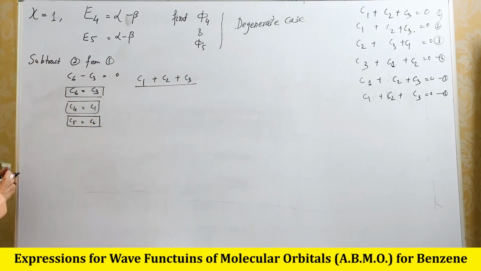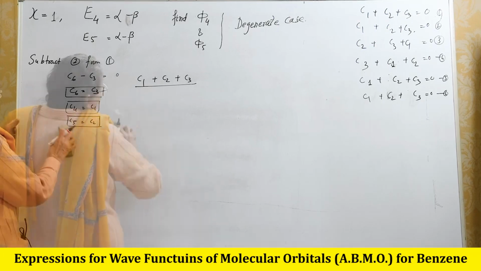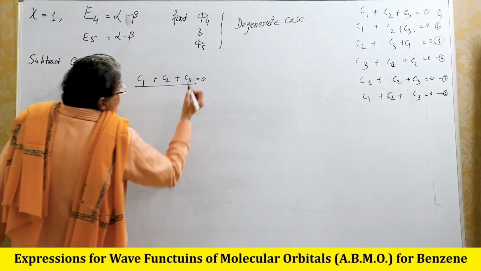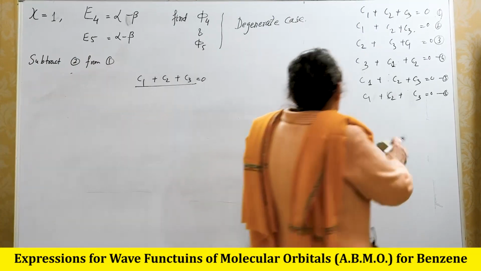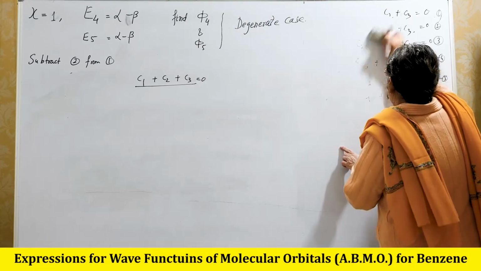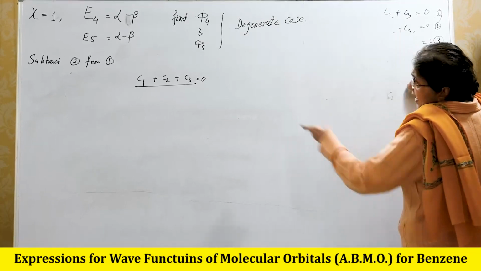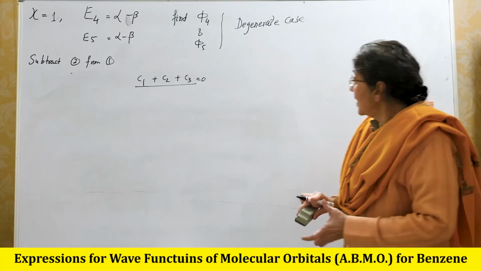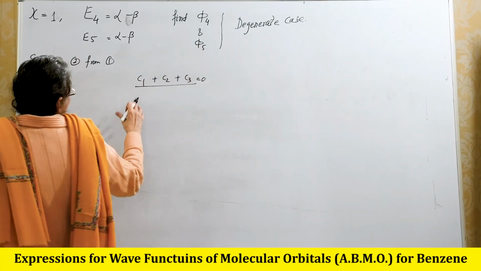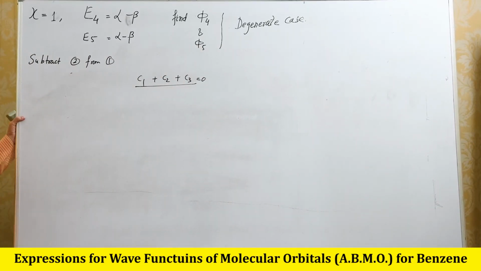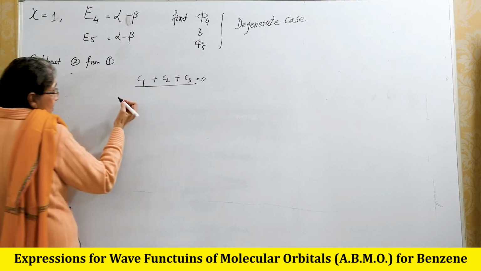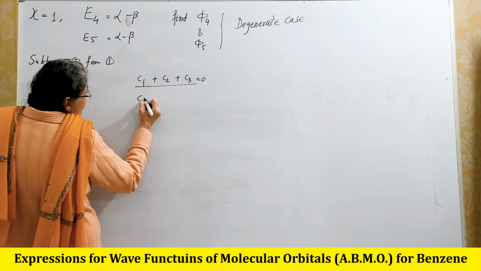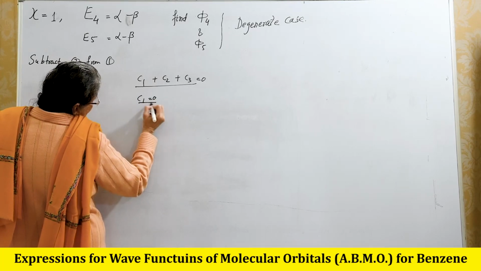Now we cannot evaluate these coefficients directly. So for calculating the molecular orbital, we can arbitrarily fix any value. We can give any value to a coefficient, and suppose we assume that the value is 0, so C1 is equal to 0.